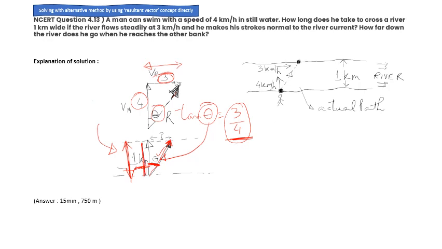So all we have to do is use the fact that tan theta is this unknown distance divided by this. So the unknown distance divided by 1 kilometer is tan theta, and that's the same as 3 by 4. So this unknown distance is 3 by 4 kilometers, which is 750 meters. So this is another easy way of doing this question.